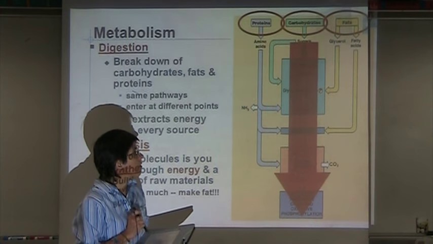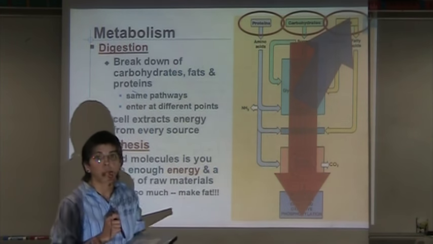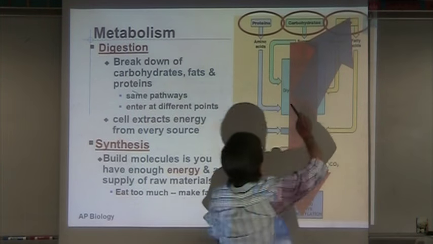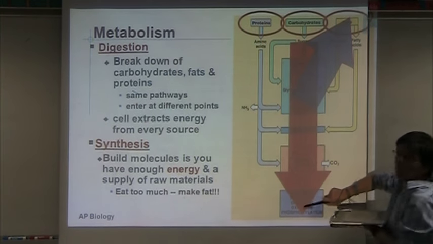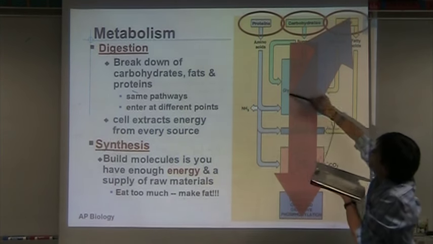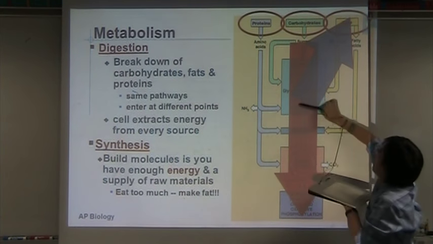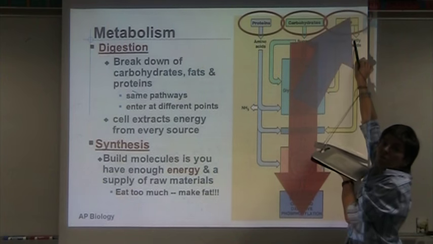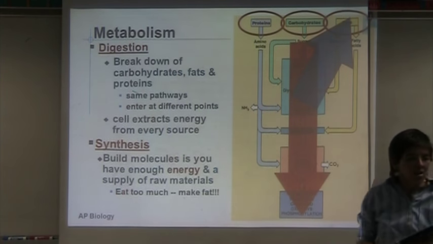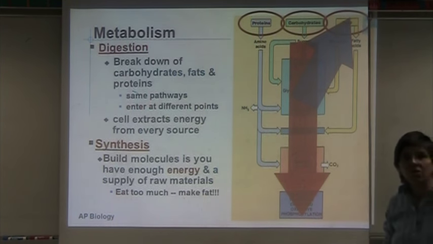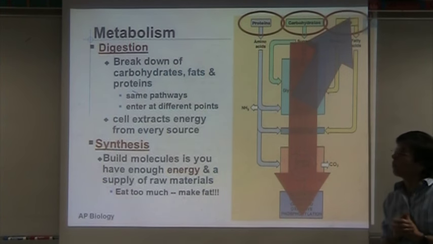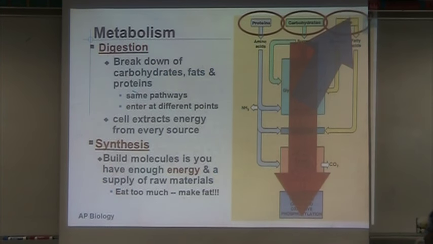So if you overload your body with those molecules, instead of using them here, if you don't need them, all these processes that feed here can be reversed actually, and all the processes go back to fat. So these are the series of reactions that keep you going, that make your body do whatever it needs.